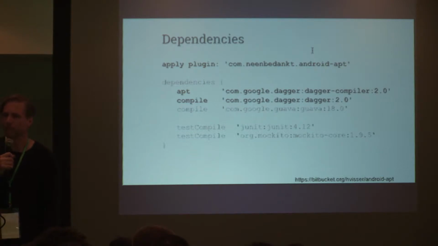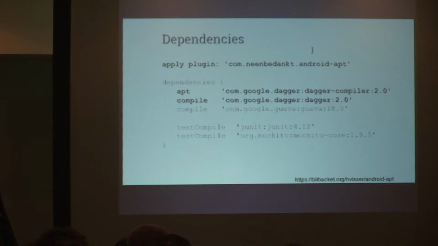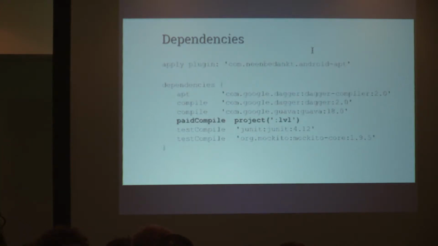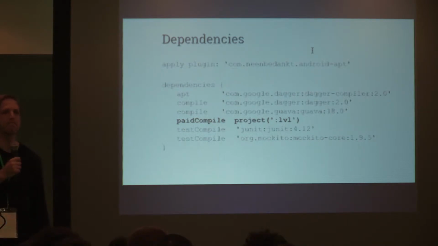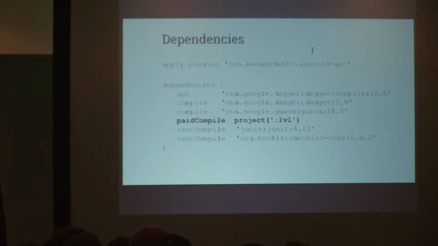Right? Yeah, so I'm building my app, and then I want to have a paid and a free version, right? So maybe in the paid version, I would want to have some kind of license verification, and maybe in the free version, I want to have some ads. Exactly. But we don't want to have this dependency inside the other version of our app.